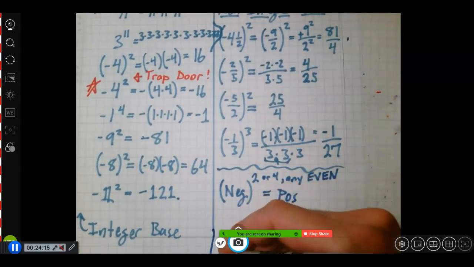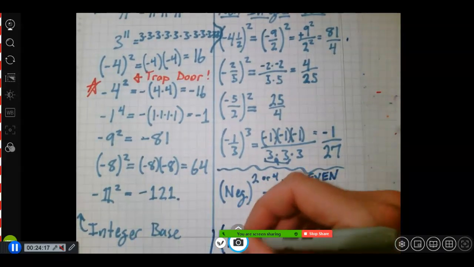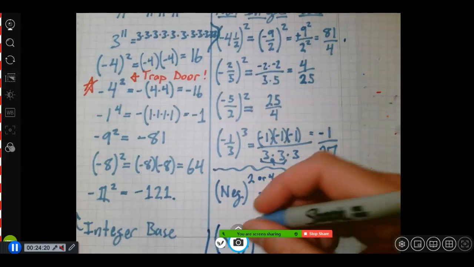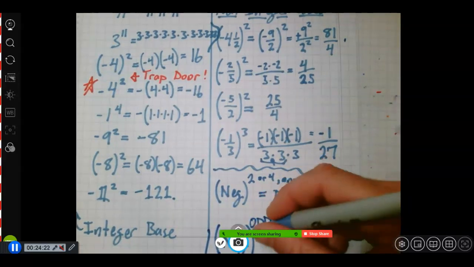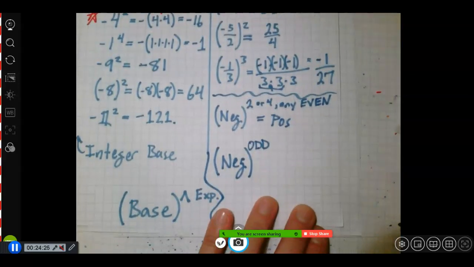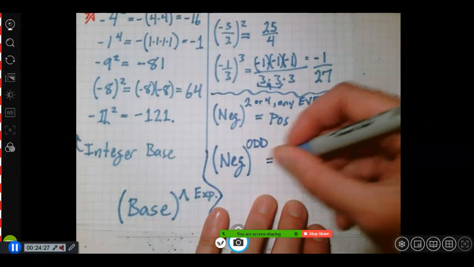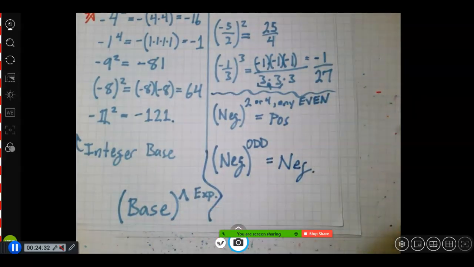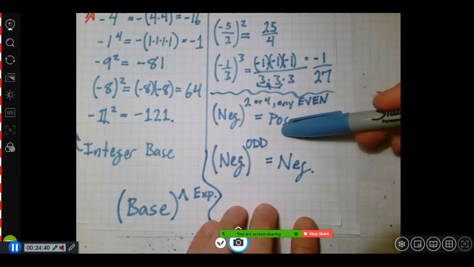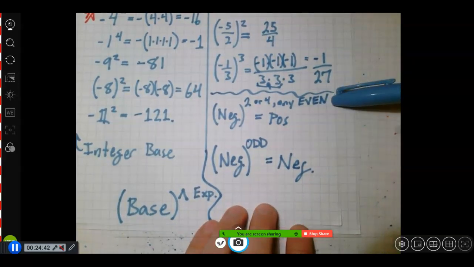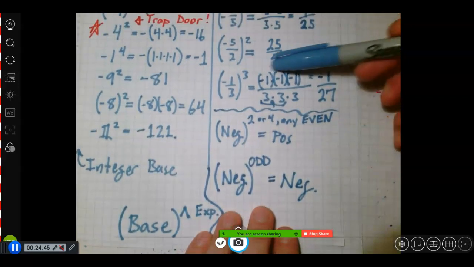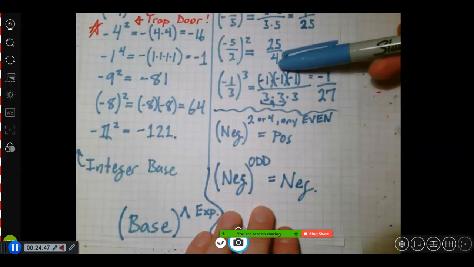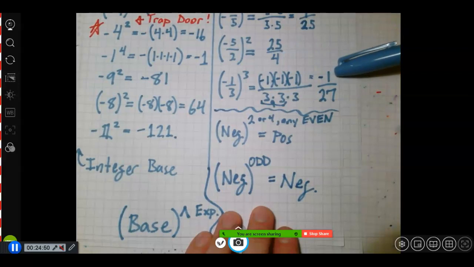But when we have a negative raised to an odd power, it comes out negative. So that's the tricky part with these powers, it doesn't always become positive. It only becomes positive if it's an even power, because an even amount of negatives cancel each other out, but an odd amount of negatives stays negative.